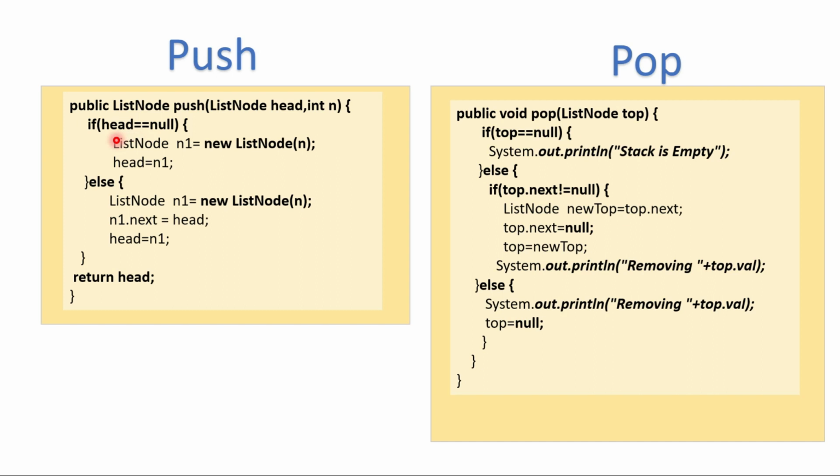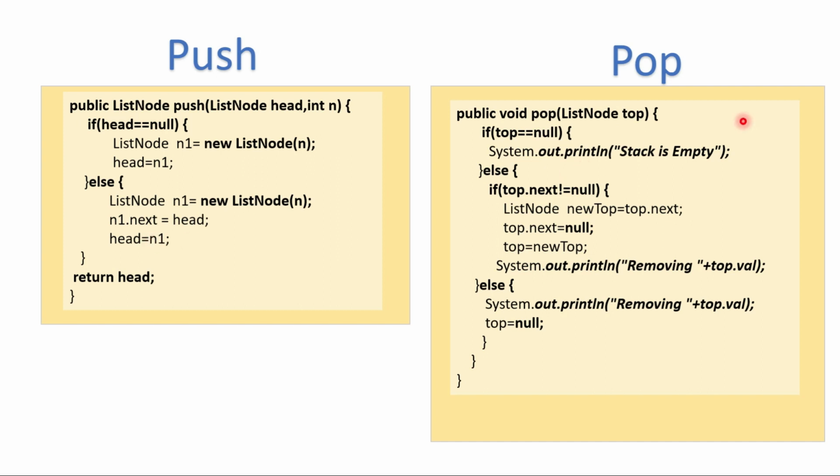If the head is already present, then I just create the new node with the new value, assign that node's next value as head, and then that node will become our new head. So the latest node will be our new head, or in stack terms, that is actually the top.